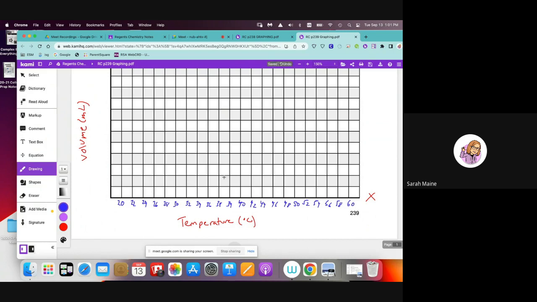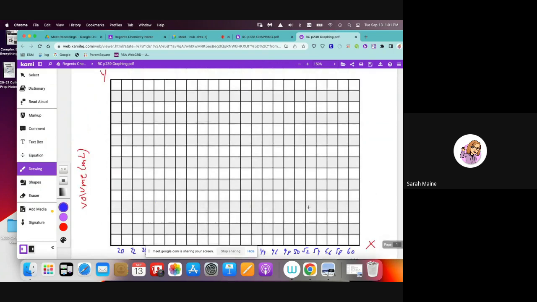Using that technique, I spread out my scaling. My data starts at 21, so it starts just inside the scaling. My data ends at 59, just before the end of the scaling. And take a look, the scaling spreads across the entire x-axis. That is what we are striving for, to use up most of the axis, because we want our data points as far apart from each other as possible.